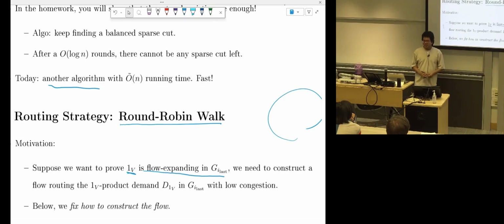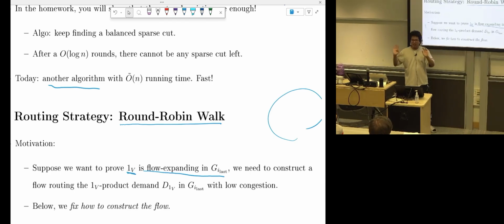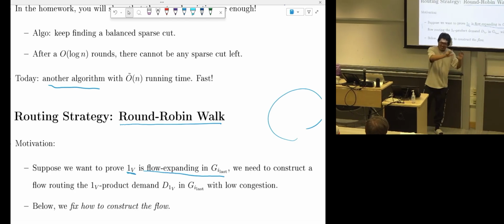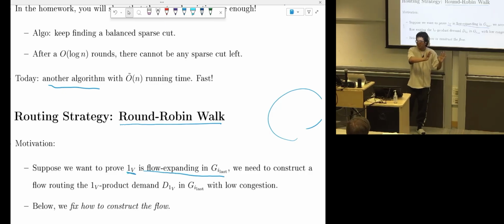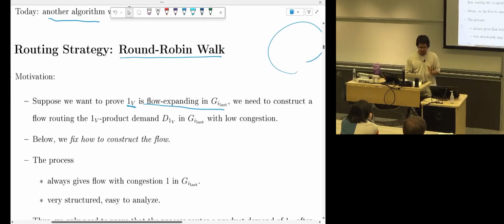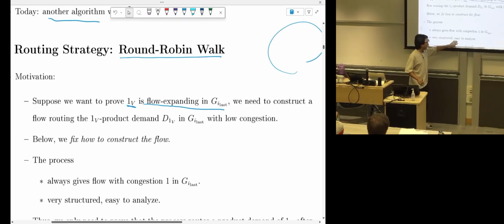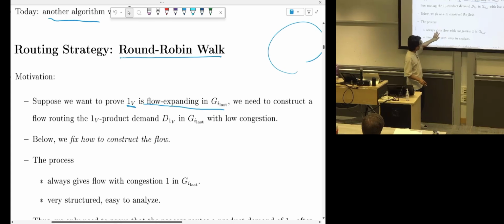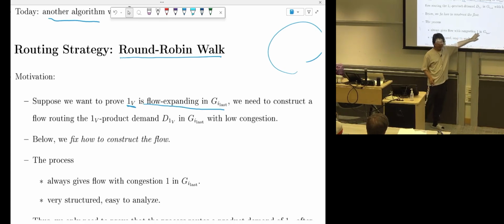Okay. So from now, I'm just going to fix how I construct the flow, so that our choice is left to just how to choose the cuts. This process is going to be simple, very structured and easy to analyze, and it will always give a flow with congestion 1. It will route some demand with congestion 1, but it might not route the product demand yet.